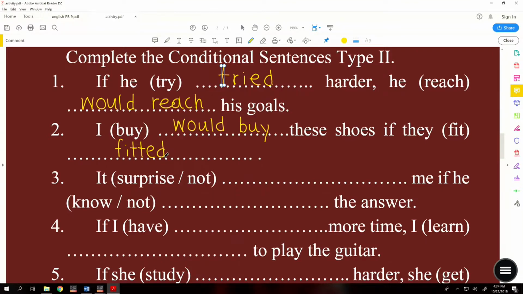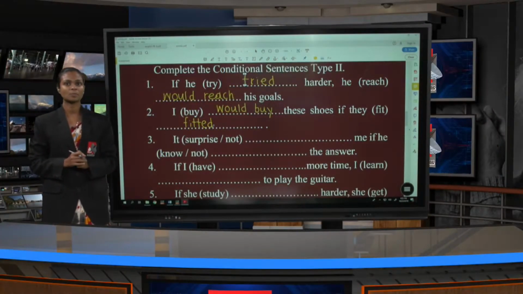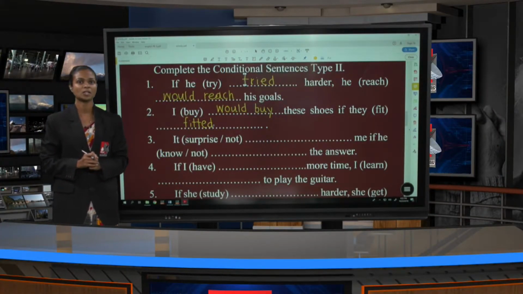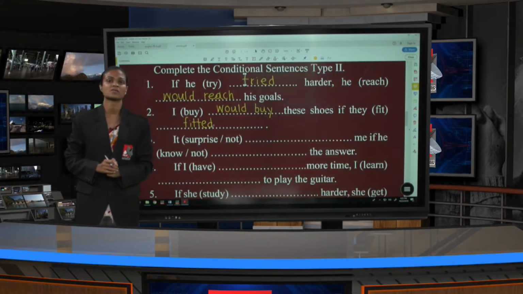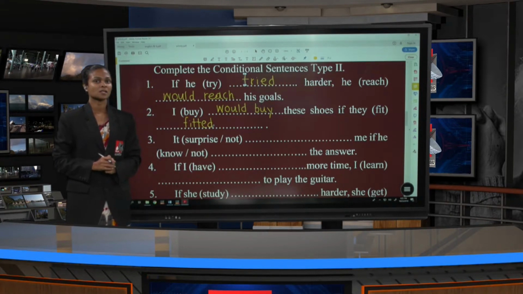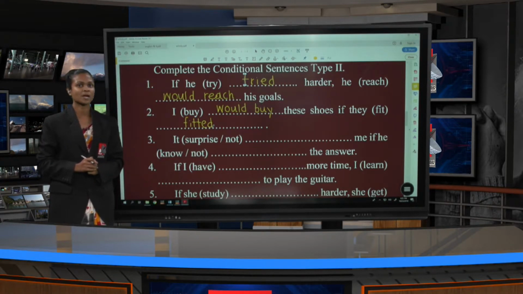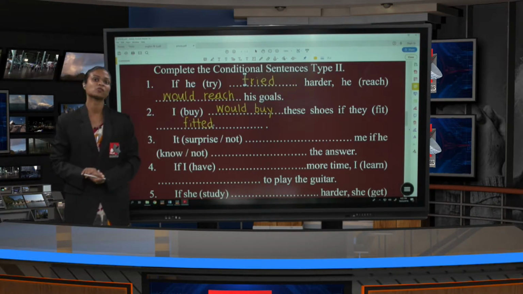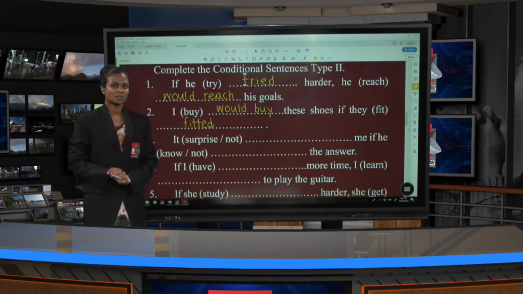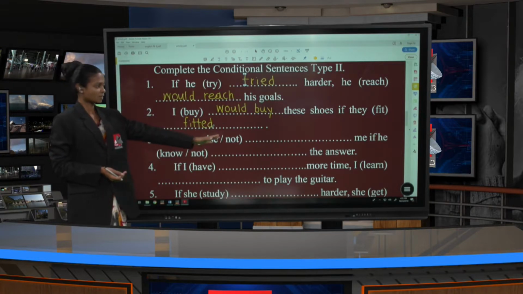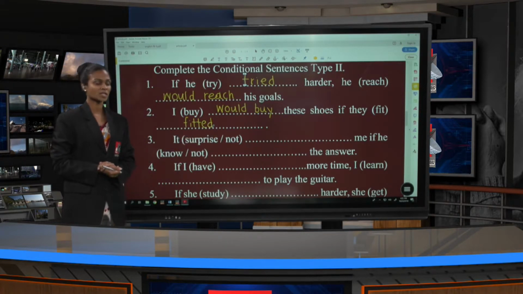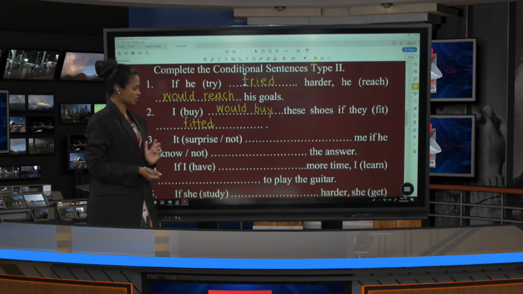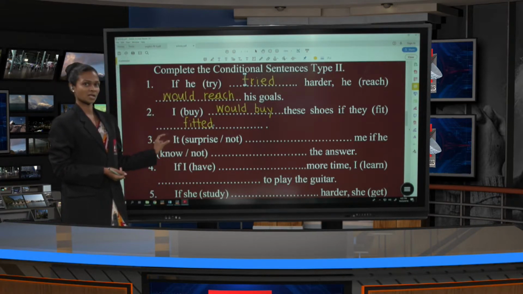Third one. It blank me if he blank the answer. Verbs are given, surprise and know, and both verbs should be in negative form. So, the first clause is the main clause, because there is no conditional conjunction like if.